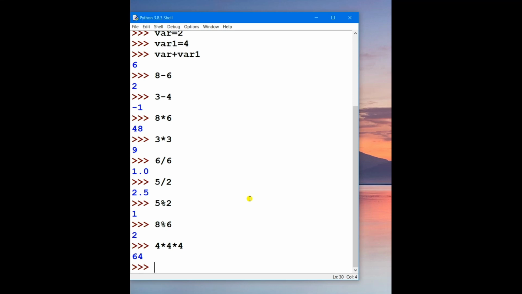Now with the exponential, 4 raised to 3, we again get 64. Similarly, 5 multiplied by 5 gives 25, meaning 5 raised to 2. For that we use two star signs for exponential, and 5 raised to 2 gives 25. I hope you understand that.